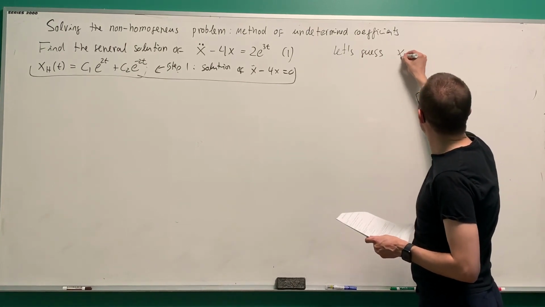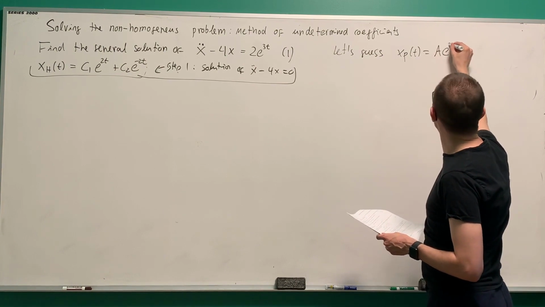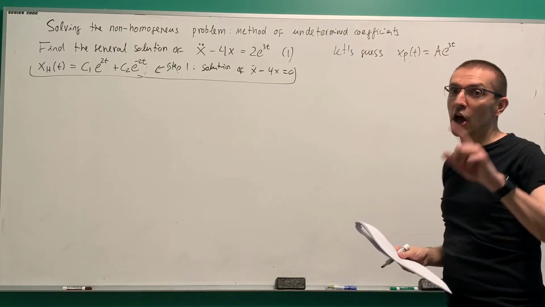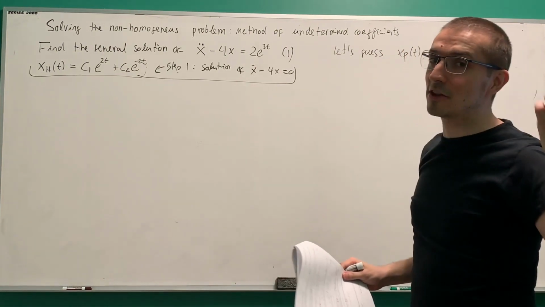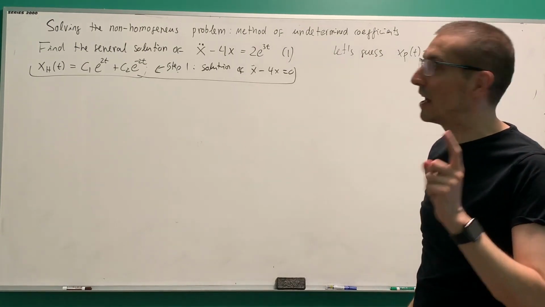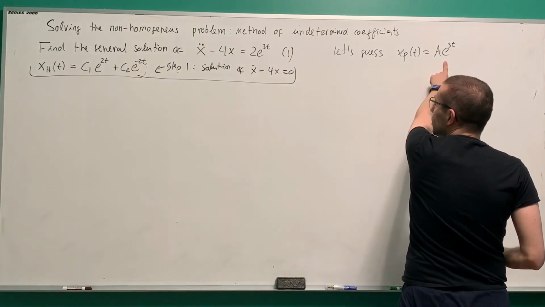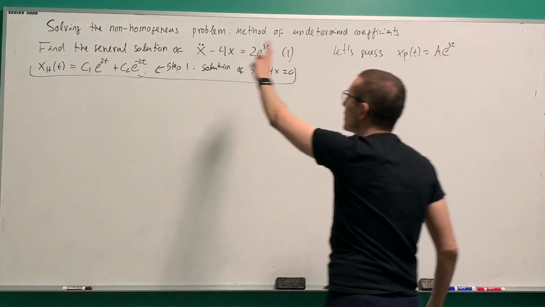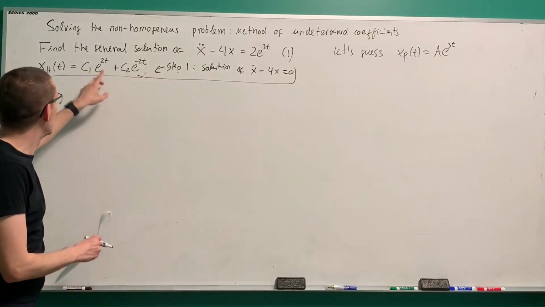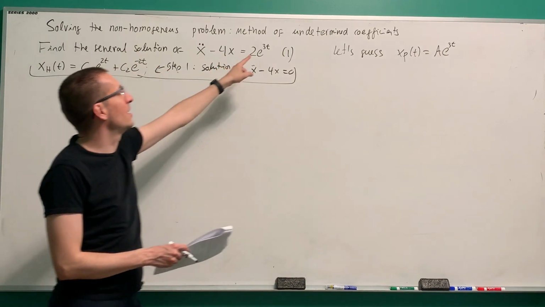So let's guess xp of t is some constant times the exponential of 3t, the same as the inhomogeneity. Notice that step 3, which we haven't used before because it was a polynomial and the solutions were exponentials, applies here. Step 3 tells me, make sure that your guess is not a solution to the homogeneous problem. And we check the homogeneous problem, we have two solutions, right? e to the 2t, e to the minus 2t. Luckily, this is a 3.